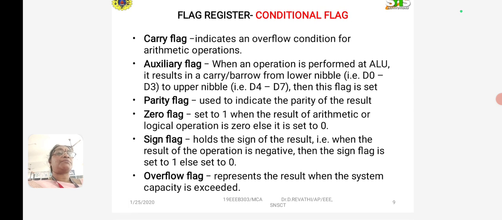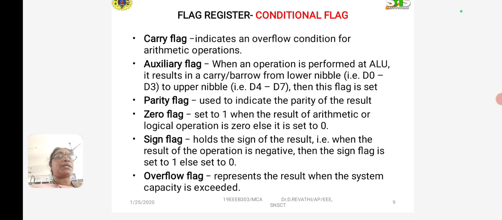The carry flag indicates an overflow condition for arithmetic operations. For the auxiliary flag, when an operation performed in the ALU results in a carry or borrow from the lower nibble, D0 to D3, to the upper nibble, D4 to D7, then this flag is set.